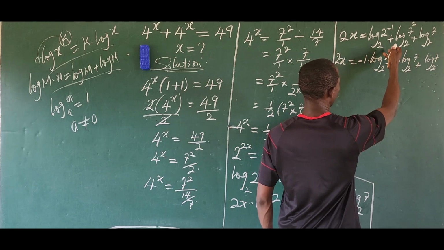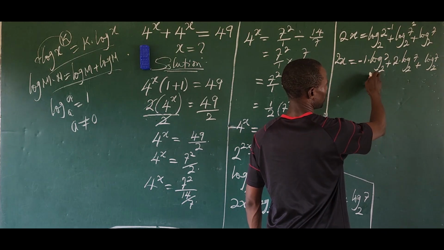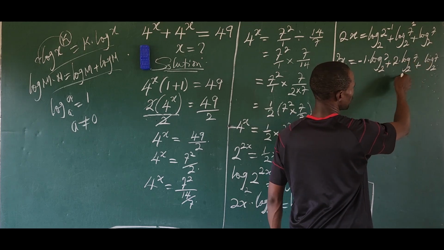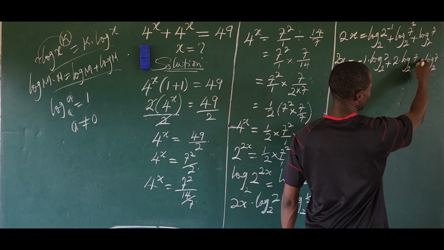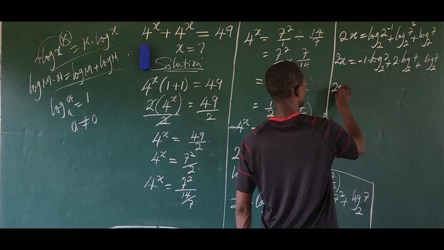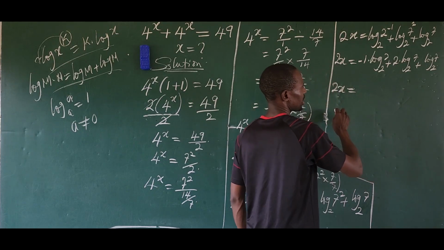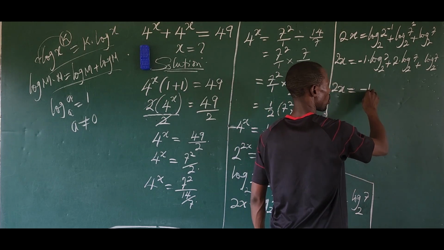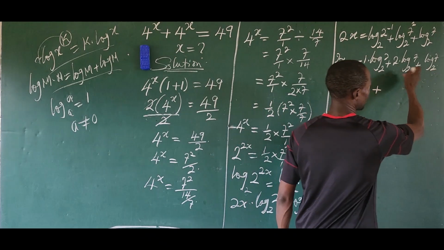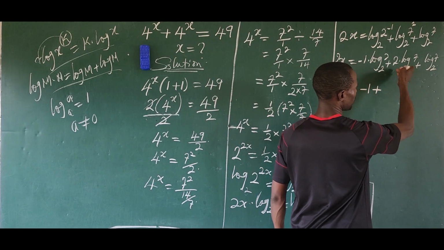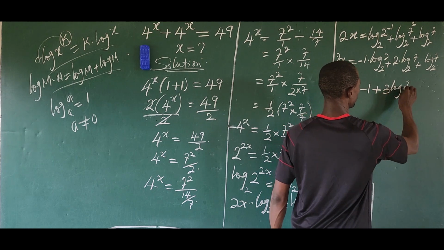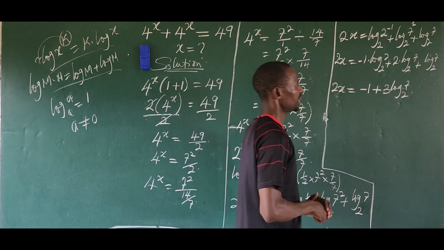So here we have log 2 base 2 again. That will give us 1. And here we're having 2 log 7 base 2. Here we have just a visible 1 log 7 base 2. So we can add these two. So this is going to give us 2x is equal to minus 1 then plus, look at this here now, right? So this is going to give us 3 log 7 base 2.